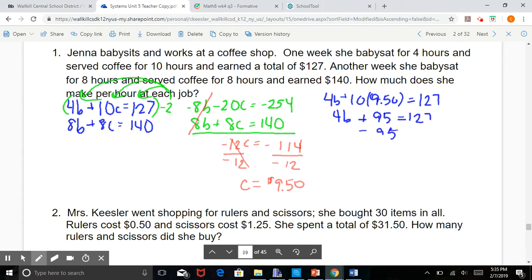Subtract the 95. We get 4B equals 32. Then we divide by 4 and divide by 4, and we get B equals $8. So now we know that she makes $9.50 per hour at the coffee shop and $8 per hour babysitting.